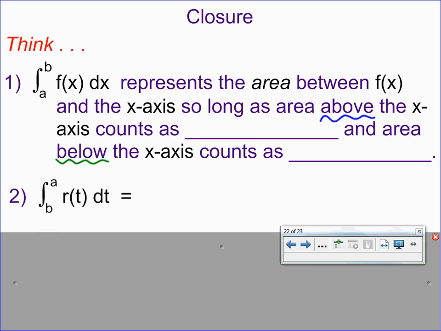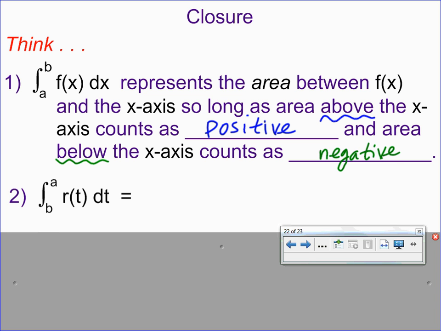In our typical scan with a less than b, scanning from left to right like we read a sentence, area above the x-axis counts as what contribution? Colin? Positive, good, thank you. Area below counts as what kind of contribution? Ishan? Negative, thank you.